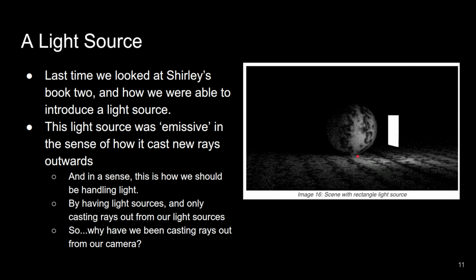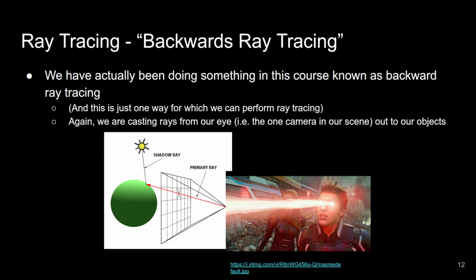It's a good enough model, but what we've actually been doing is something known as backwards ray tracing. If this is you, let's take a look at this illustration, the bottom figure here. You are essentially casting rays out of your eyes.